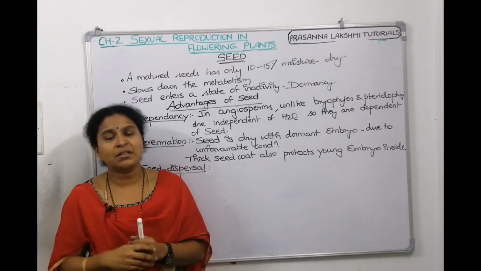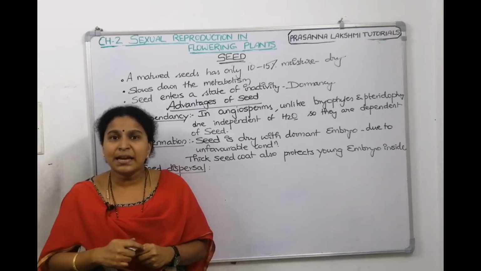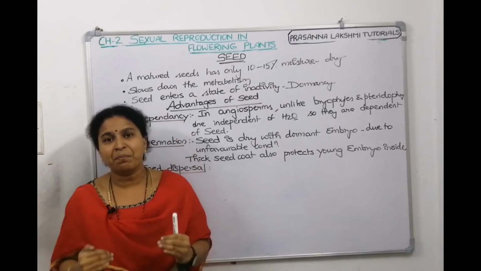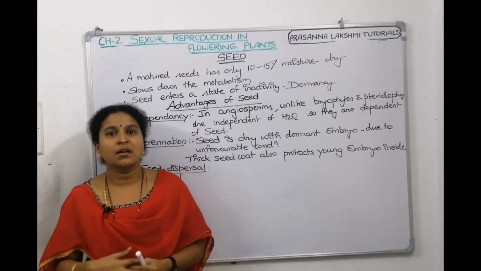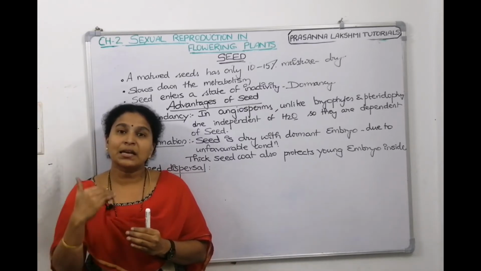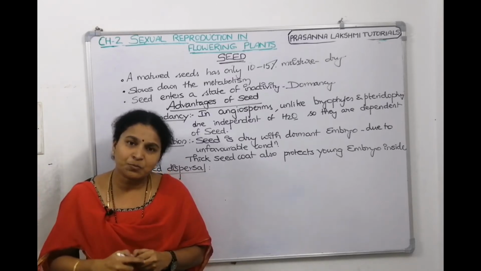Pinus seeds have wings, drumstick seeds have wings, marigold seeds have a pappus mechanism to fly. If seeds fall down in the same place, there will be competition, and they cannot come up in such a compact manner. If they spread to new places, they can establish themselves in new habitats. So this we call dispersal.